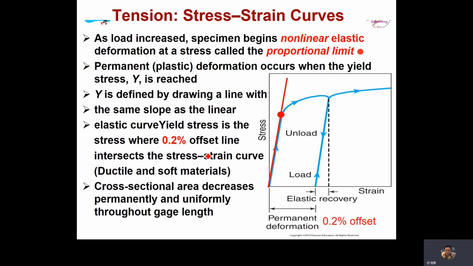So if we apply stress within this proportional limit, its elongation will return to its original length. And when we apply a load that keeps increasing, the displacement will become nonlinear elastic deformation.